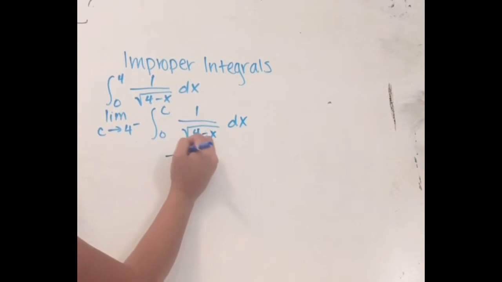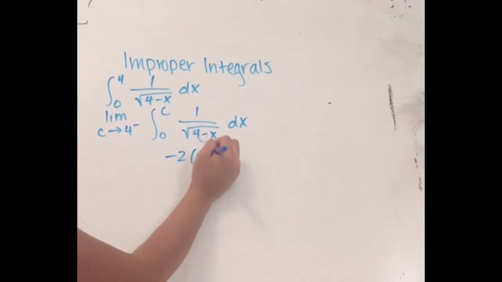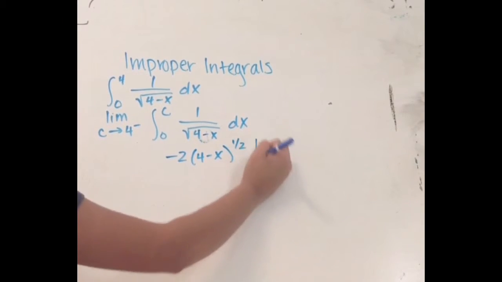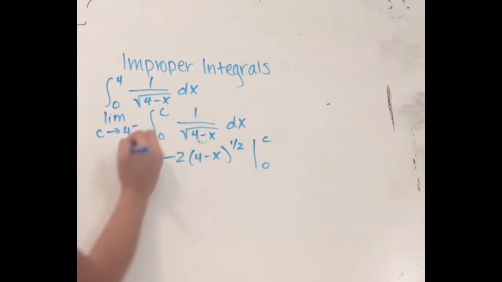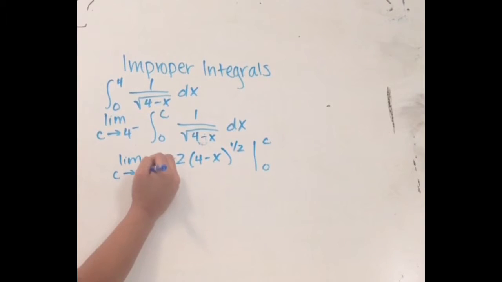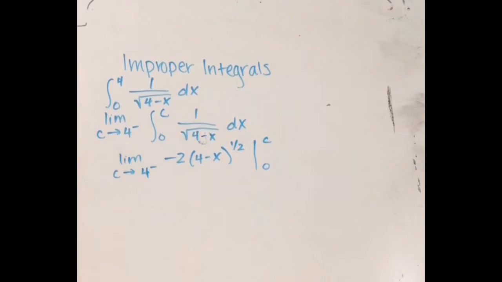This integral becomes negative 2 times (4 minus x) to the 1/2. And we're evaluating from 0 to c, the limit as c approaches 4 from the left-hand side.